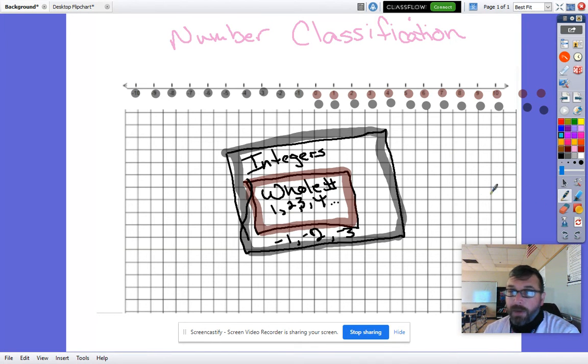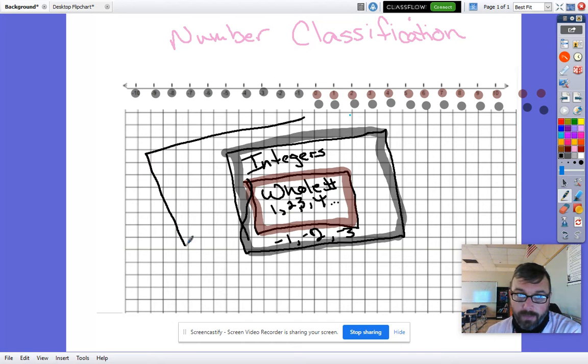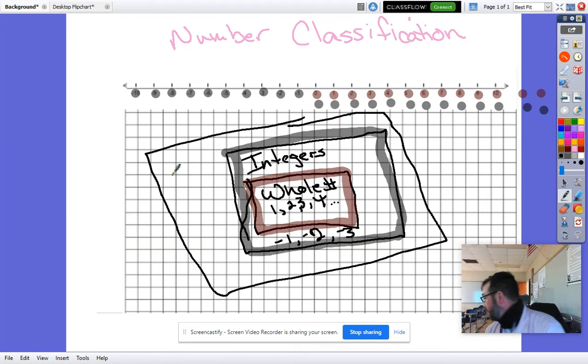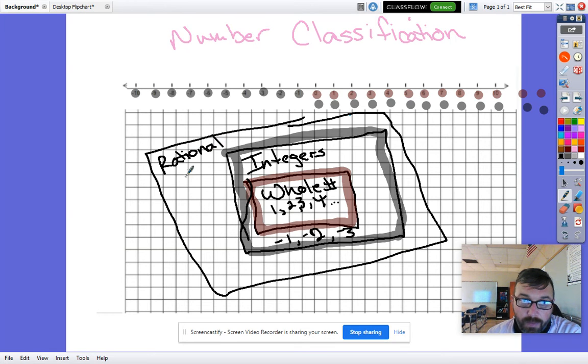The next box we're going to draw are rational numbers.